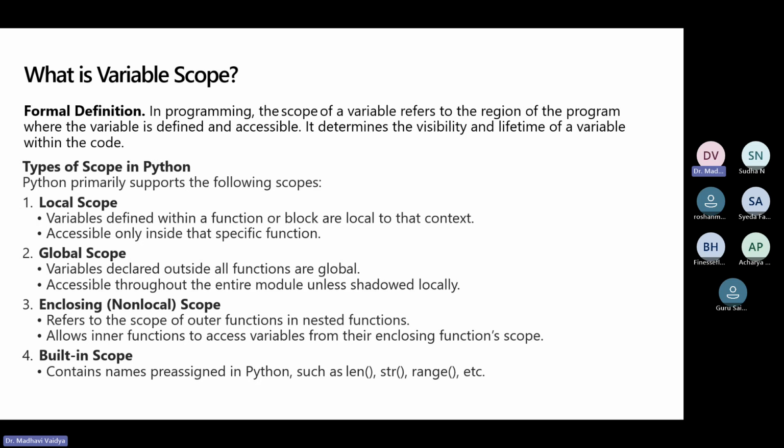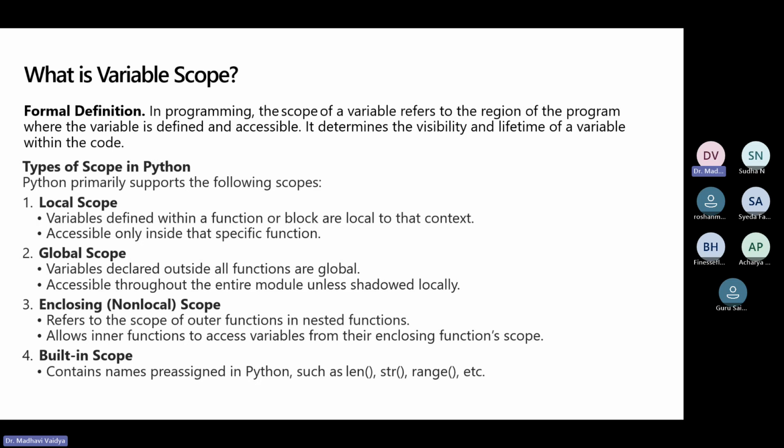So in programming, the scope of a variable refers to the region of the program where the variable is defined. Please keep it in mind whenever we are giving a colon, that is the indentation, that also defines scope. Suppose I am writing def, the function is add, after that opening and closing parentheses, then after that I'm giving a colon, the meaning is the later part is inside that particular def.